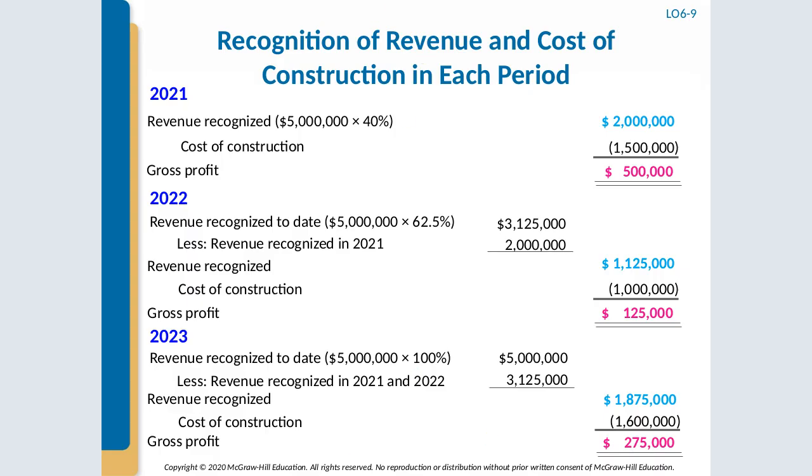In terms of the financial statements, on the income statement, we have per year our revenue that was recognized under percentage of completion, our cost for the year, and then the gross profit that was recognized. So this is the income statement, or I guess a partial income statement.